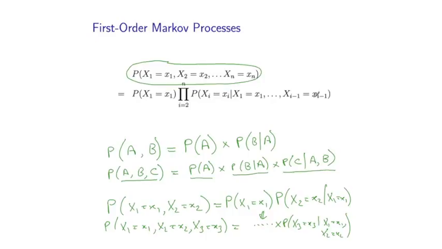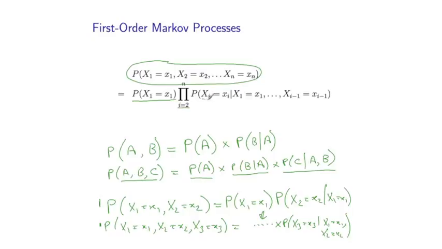So what I've written here is simply the chain rule applied to the full sequence of random variables X1 through Xn. It's really a generalization of these two cases I've shown you here for arbitrary n. So the first term is P of X1 equals x1, and then I have a product of terms, one for each position from i equals 2 to n.